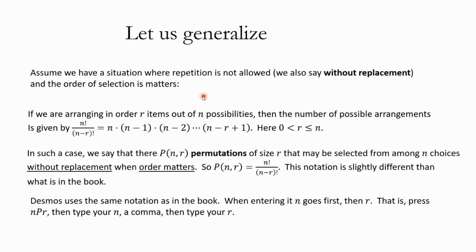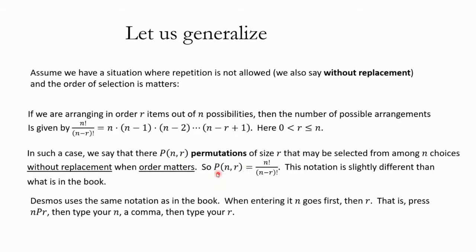So in other words, when you have n possibilities and you want to make an arrangement of r of them without repetition, and order matters, so the order you do care about, we say then that there are P of n comma r permutations of size r that may be selected among n choices. And again, this is without replacement when order matters. And this is denoted by this here.